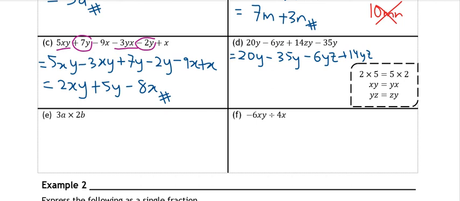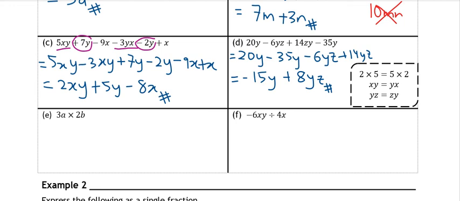It doesn't matter, you don't change the alphabet because they are the same. yz equals zy. Now simplifying this, big numbers but no matter. 20 minus 35 will be negative 15y, and then minus 6 plus 14 will be 14 minus 6, which is 8, positive 8yz. Okay, so that's for part D.